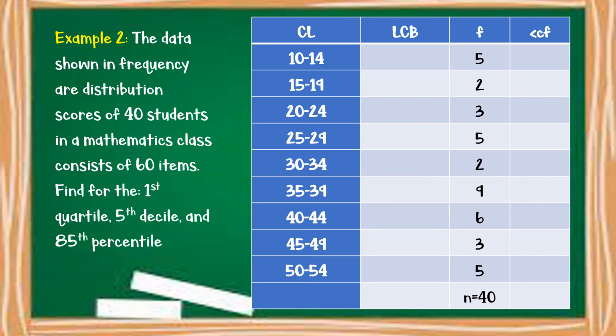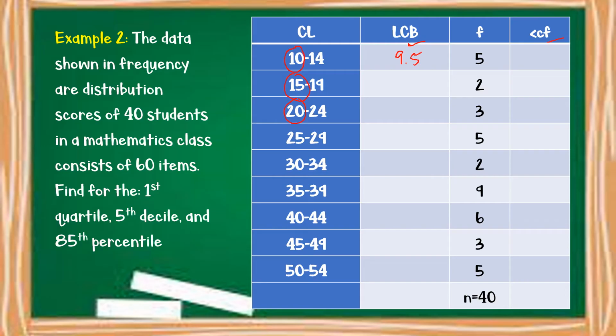But before that, let's try to complete the table distribution. So we have here the LCB and the less than cumulative frequency. So ito lang yung kailangan natin. What is LCB? So the lowest or the lower class boundary. So ito lang yung titignan natin. Okay? Yan lang. And you just need to subtract 0.5. So 10 minus 0.5 is 9.5.